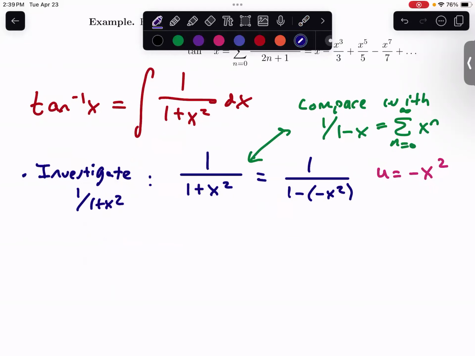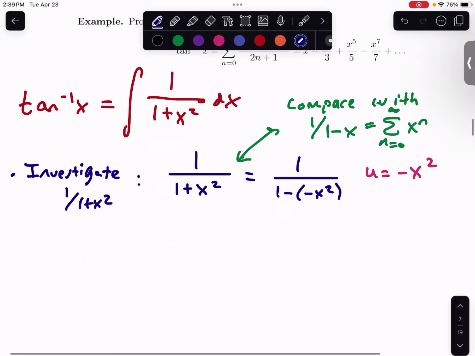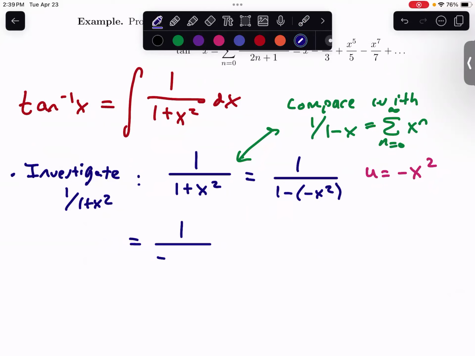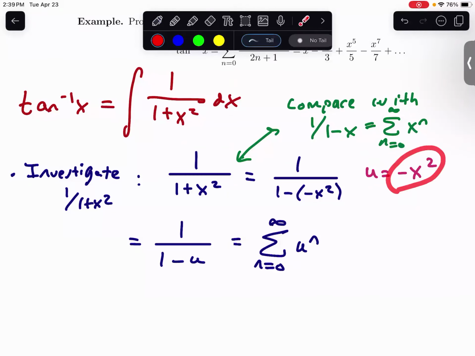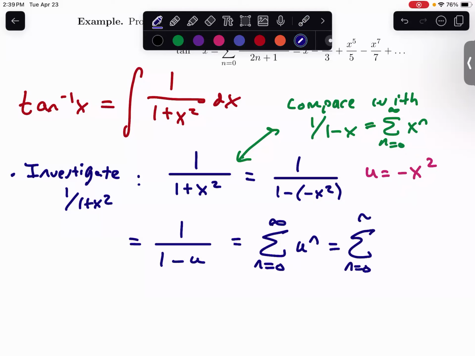So after making the substitution, this is equal to 1 over 1 minus u. And 1 over 1 minus u is equal to the sum from n equals 0 to infinity of u to the nth power, where u is equal to minus x squared. So this is equal to the sum from n equals 0 to infinity of minus x squared to the nth power.